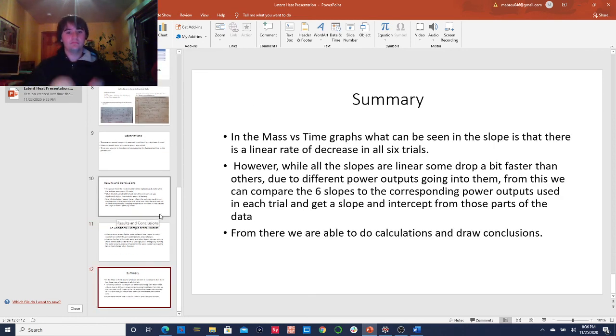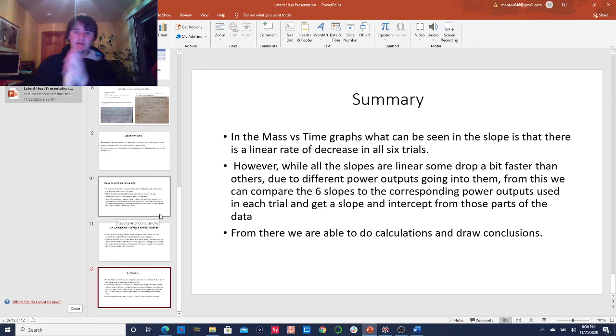So let's do a quick summary and recap. What we set up here was six mass versus time graphs so that we could see the linear rate of decrease in all 6 trials. Then we can notice that some of the slopes drop a bit faster than others due to different amounts of power going into them. From this, we can compare the 6 slopes with the corresponding power outputs used.